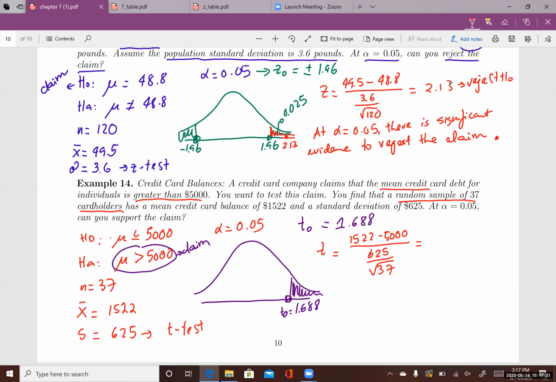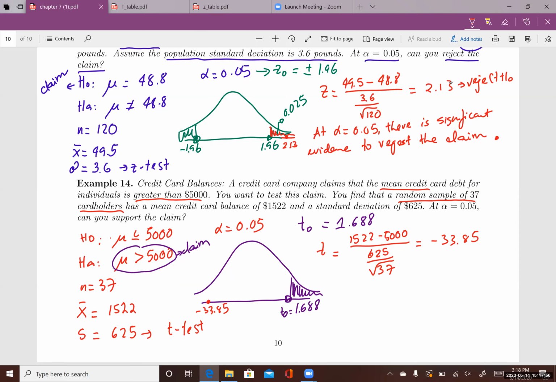You get negative 33.85, which is a huge negative number. This negative number is over here, somewhere on this side, and apparently it's not falling into the rejection region.